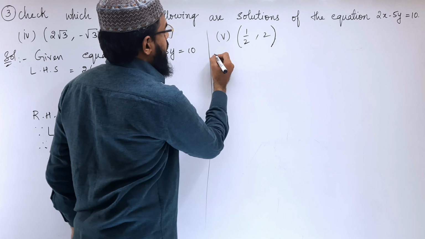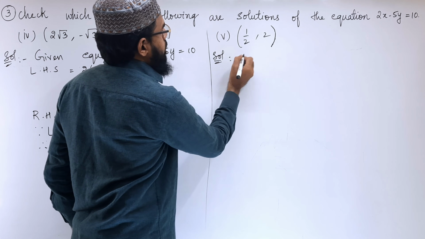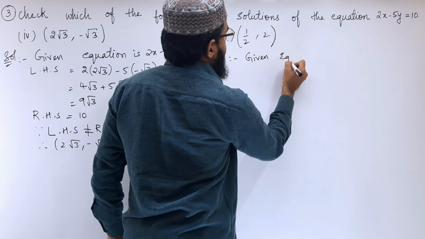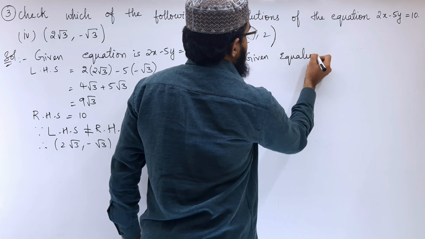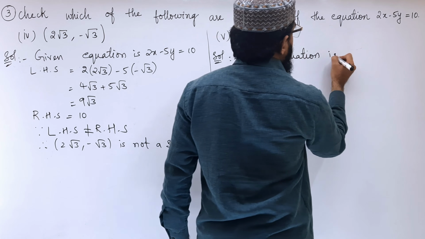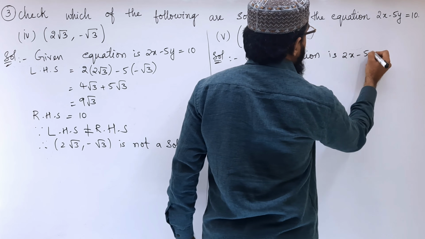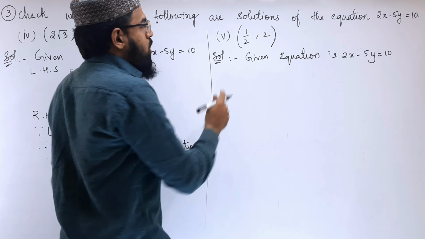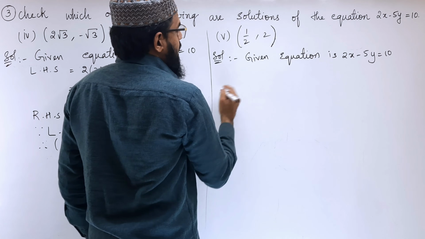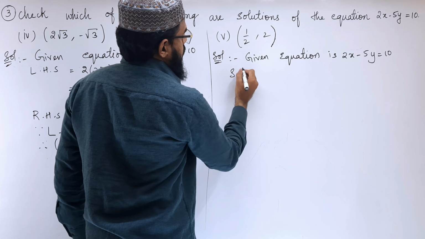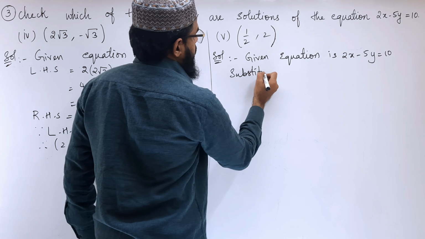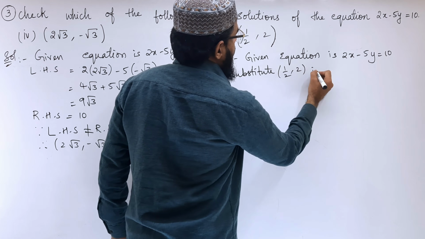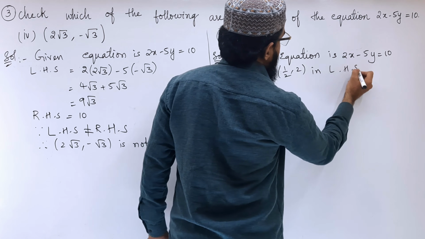Next, fifth bit, let us write the solution. So the given equation is 2x minus 5y is equal to 10. Now let us substitute (1/2, 2) in LHS.